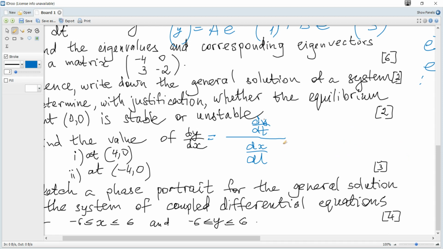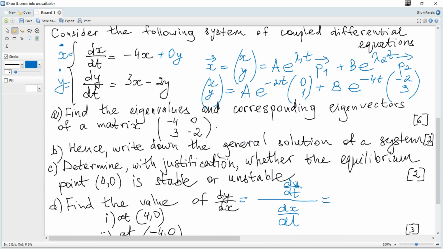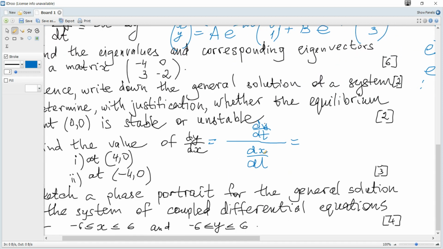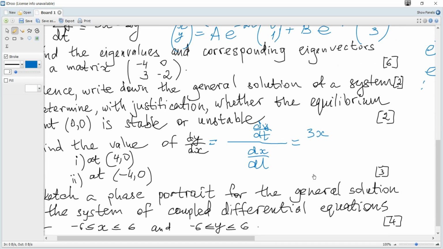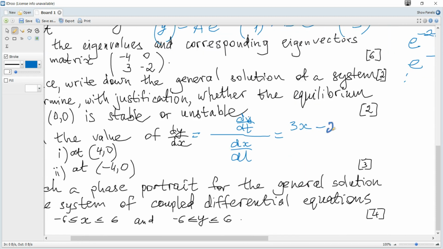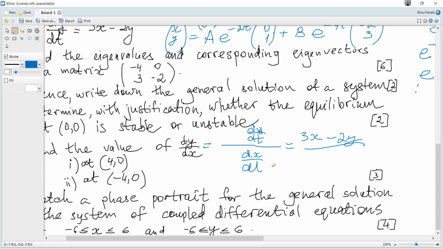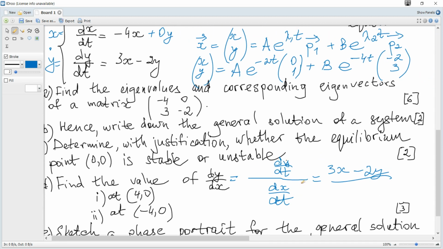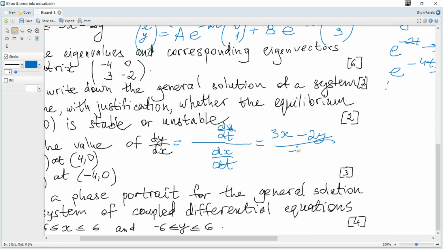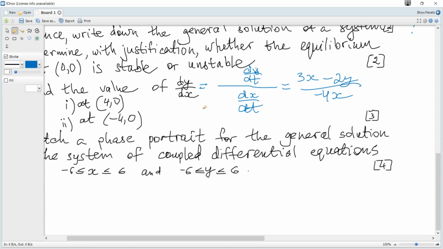So what is dy over dt? It is given directly. dy over dt is 3x minus 2y. dx over dt is minus 4x. It's in general in terms of x and y, and we need it at some points.